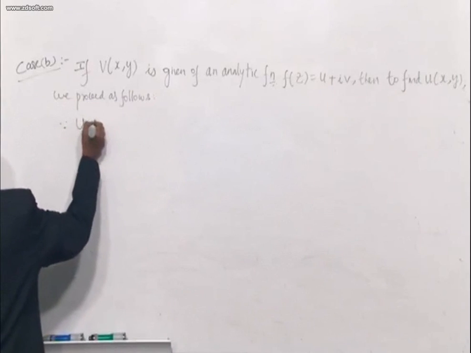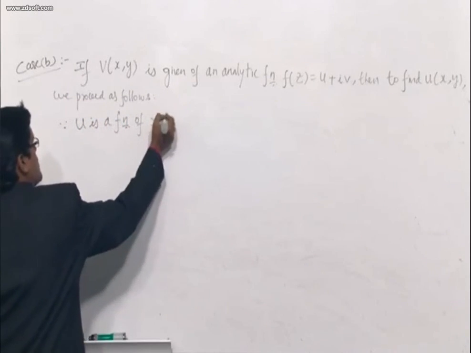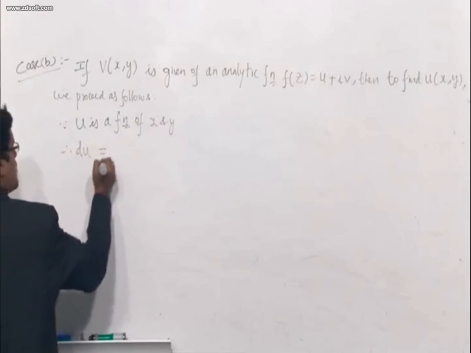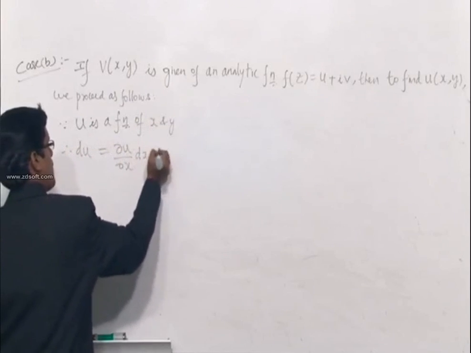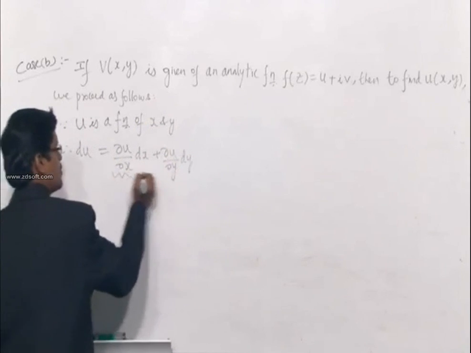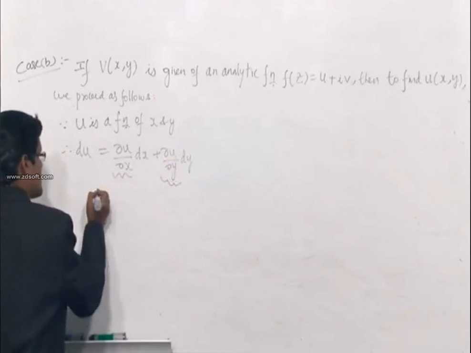Since u is a function of x and y, therefore by the partial differentiation total derivative topic, du is equal to dou u by dou x dx plus dou u by dou y into dy. We don't know these two values because we are going to find u. Use your CR equations, convert into v.